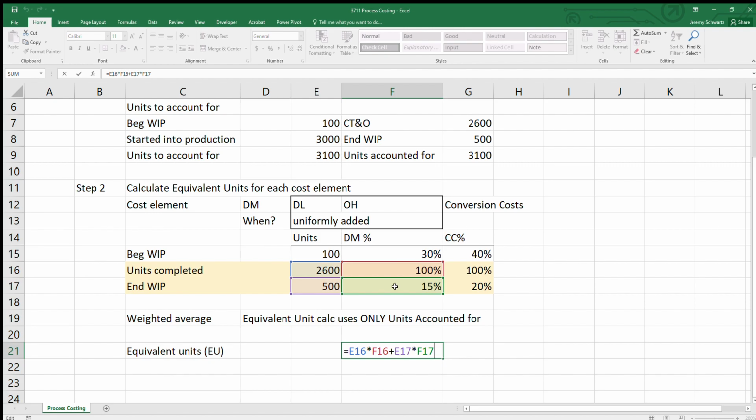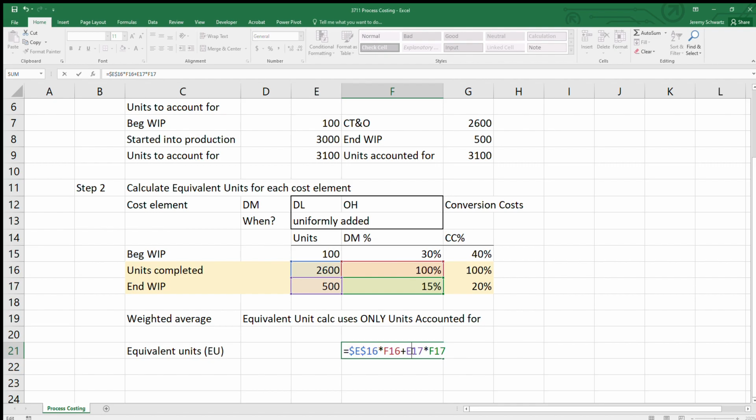Now, that's 2675. If we wanted to calculate this for conversion costs, and we do, we could go through and manually do this formula. What I'd like to do, since we're using the same units here, is go back into the formula and hit the F4 key one time.